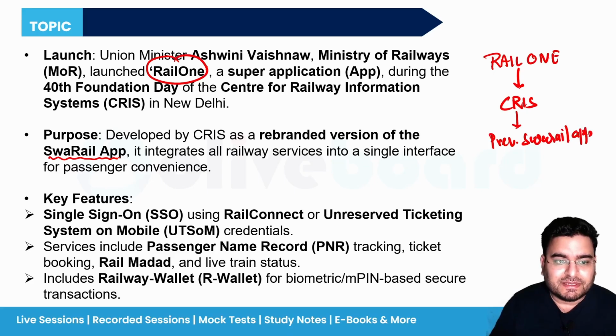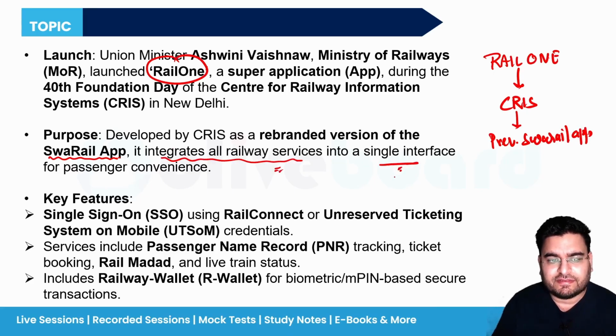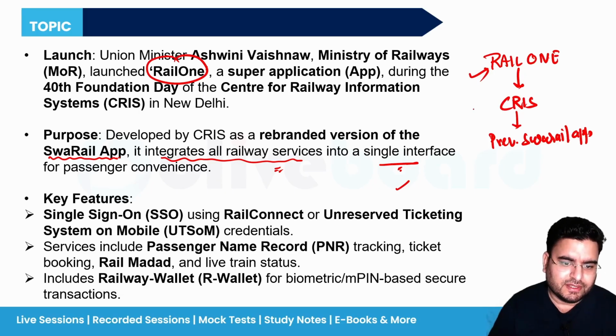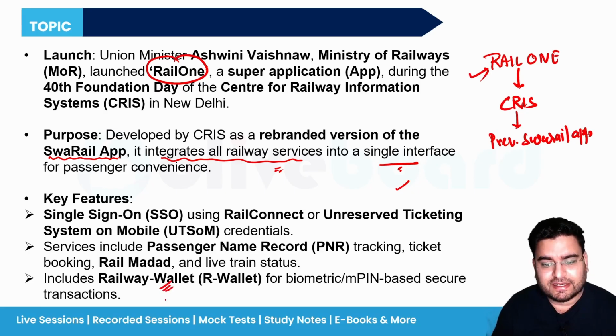Now what is the purpose? So it integrates all railway services into a single interface, right? So be it ticket booking, be it your food services, or let's say wheelchair services, all the railway services integrated into a single app, that is known as Rail One. Clear? So please remember this thing. You also have this Rail Wallet.